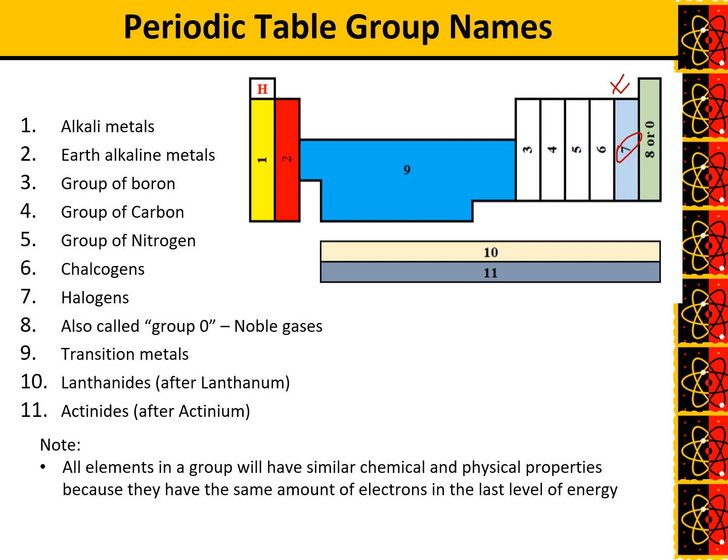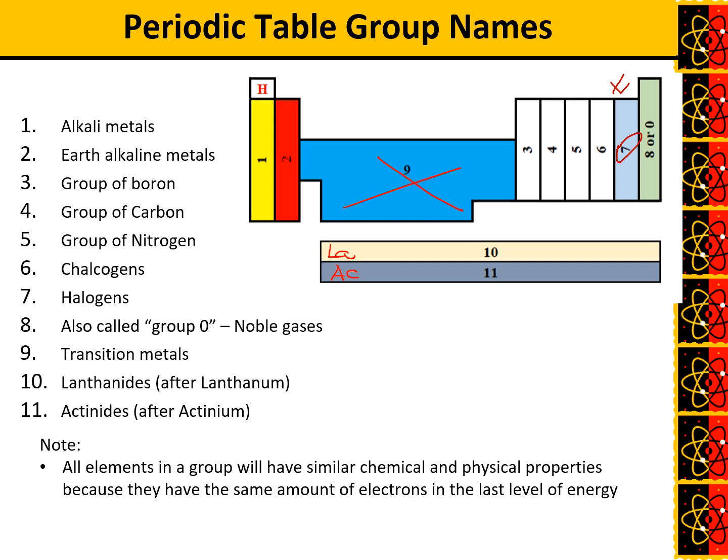You don't need to remember all these names. You need to remember only the ones that are in color, including numbers 9, 10, and 11. Number 9 is the transition metals, and that is this zone here. Number 10, if you see, the first element is lanthanum, and the first element in group number 11 is actinium.